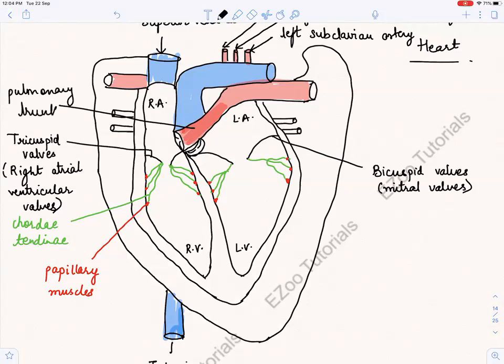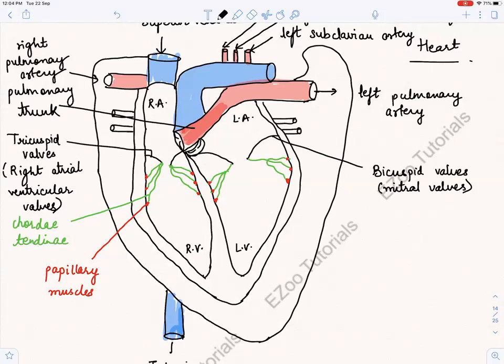Please draw with me. Then this is the left pulmonary artery. Obviously, if this is the left pulmonary artery, the pulmonary trunk is divided into left and right. This is the right pulmonary artery, right? So just see if you have drawn everything.